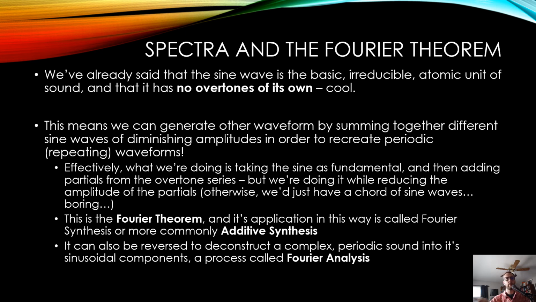Otherwise, we just have a chord of sine waves, which is boring. Who cares about that? This is the Fourier theorem, that any periodic signal can be reproduced as the sum of sines at varying amplitudes. And its application in this way is called Fourier synthesis, or more commonly, additive synthesis.